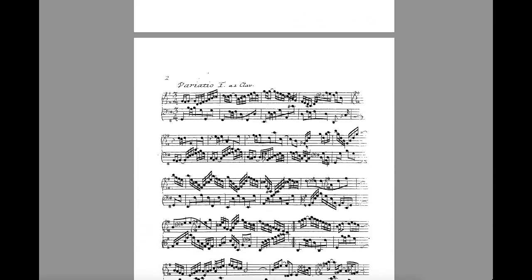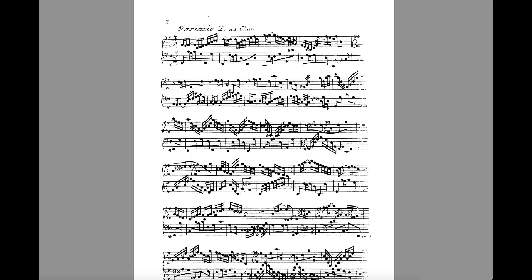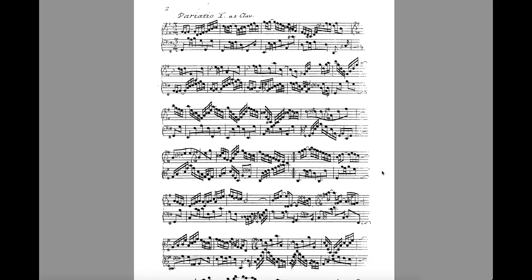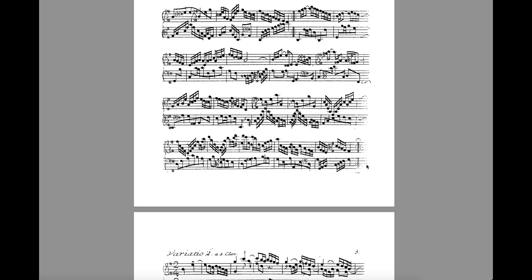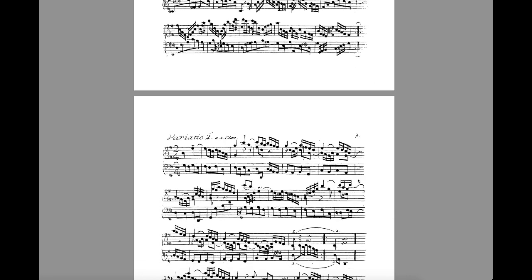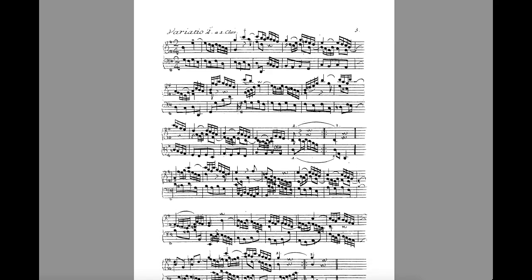Now we're going to variation 1. This is variation 1 here. And we go through the variation. You can see right here, it's kind of faint. It's sort of faded away, but he does put a fermata here at the end of variation 1. And now we scroll a little further.